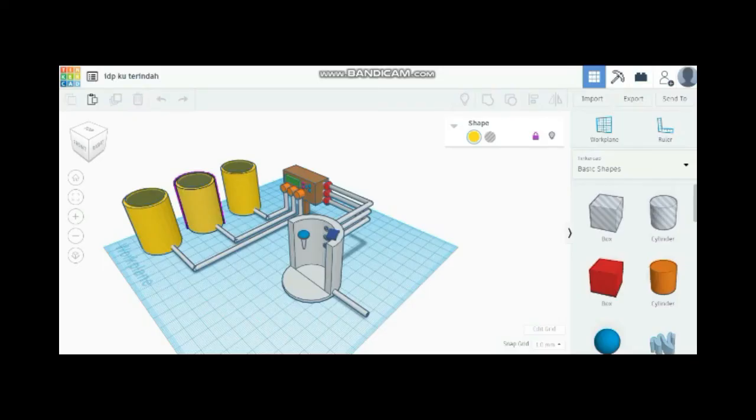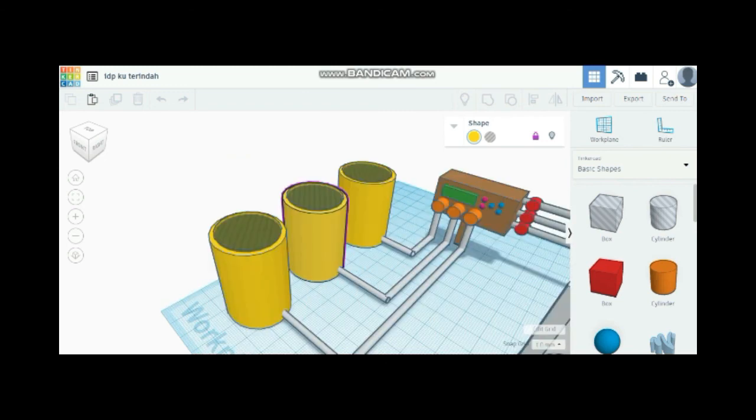For the demonstration, we have a few problems that will make our circuit not work properly. However, I will explain a bit more about our project and how it works. We have three tanks that will contain the fertilizer and the water for the main tank.